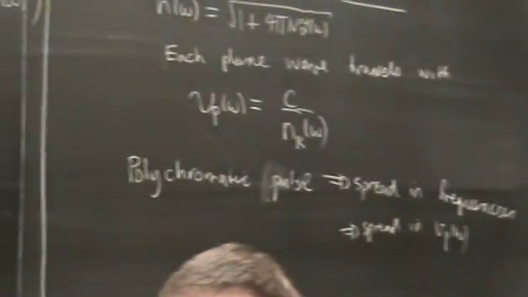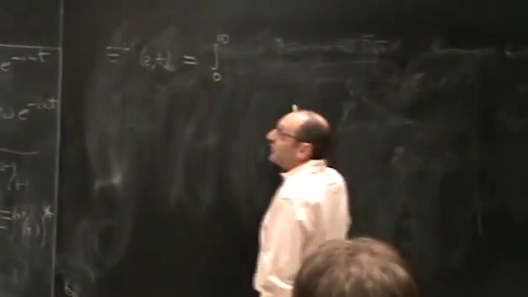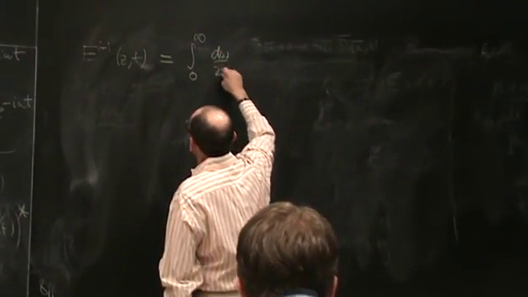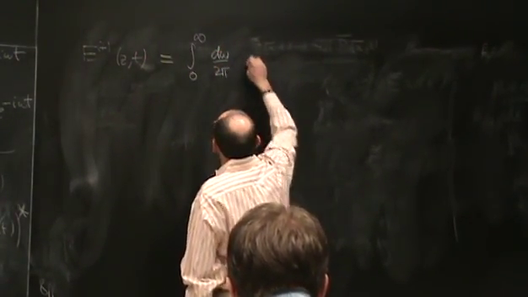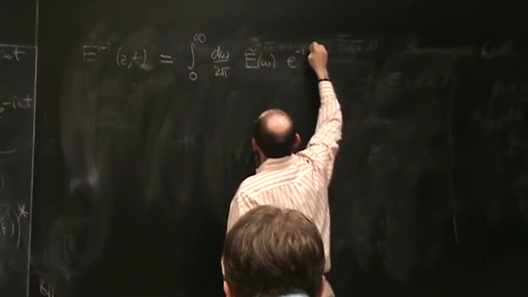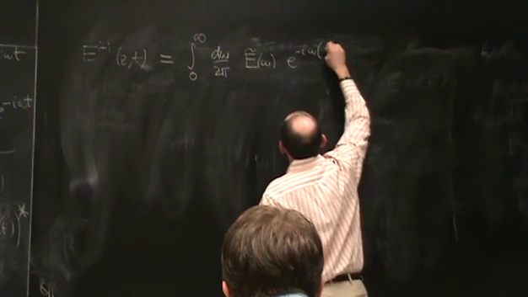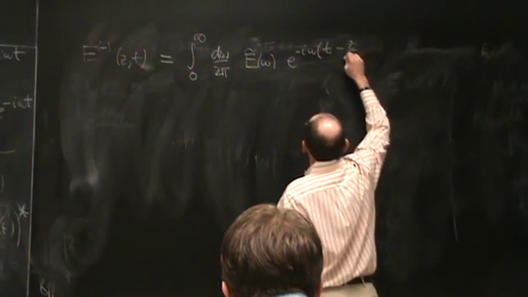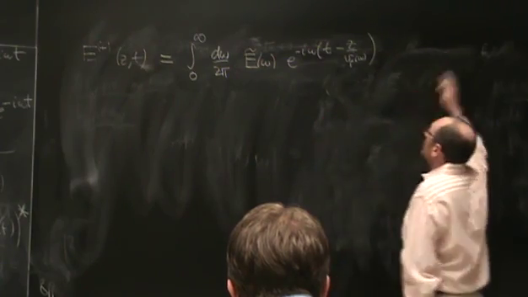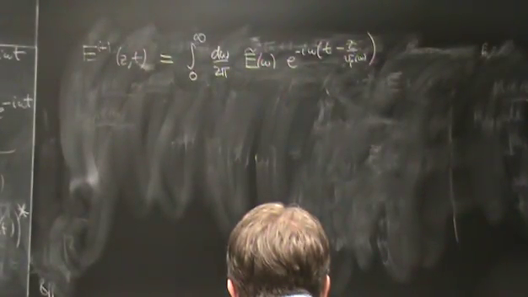So the positive frequency component at a later time, downstream at a bigger z, is equal to, end of story, and we've solved it.